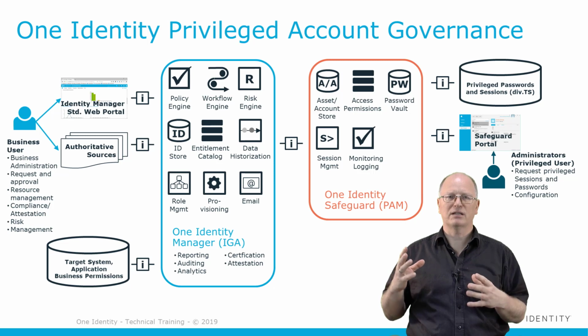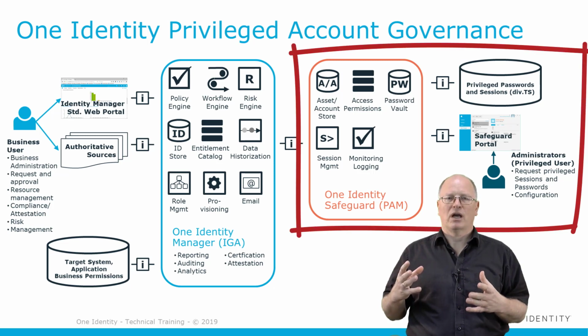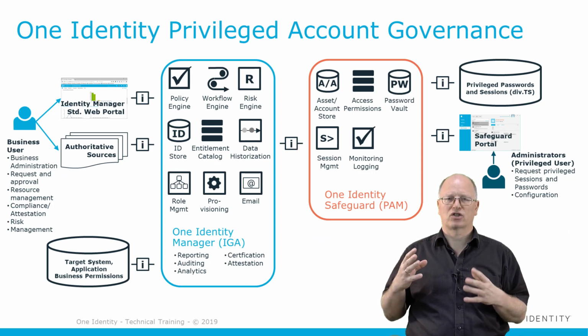In the world of One Identity, such systems are, for example, Safeguard. And to add Safeguard systems to the One Identity Manager, you need such a module. The good message is that the same module can be used together with the synchronization engine of the Identity Manager to connect any privileged account management system, as long as these systems provide an API.